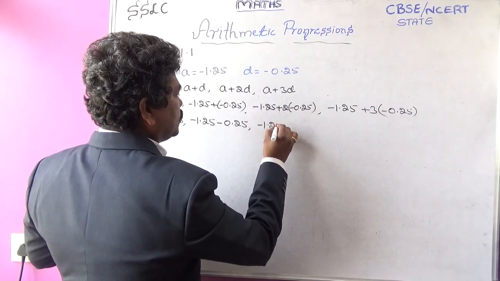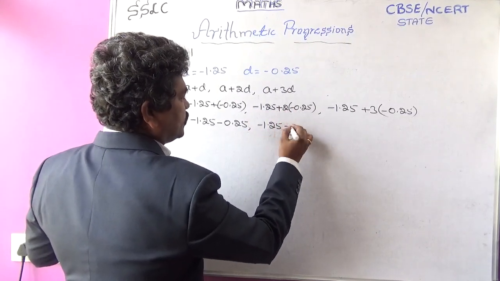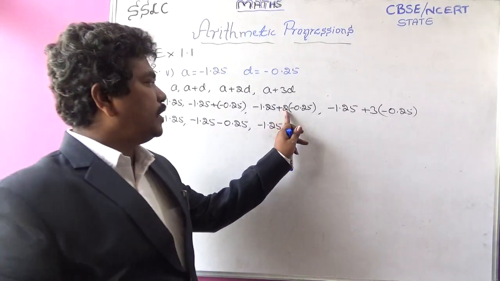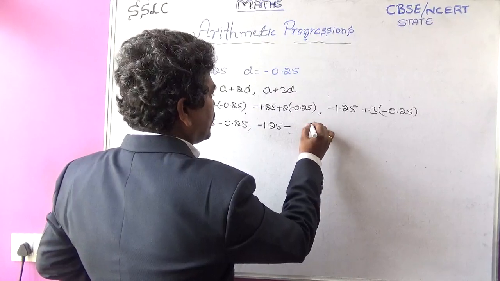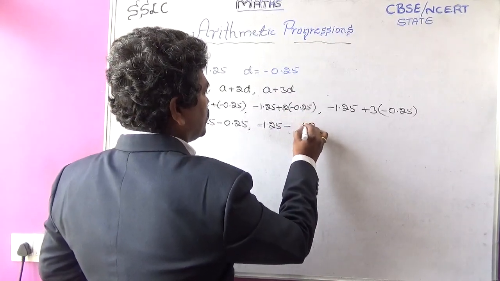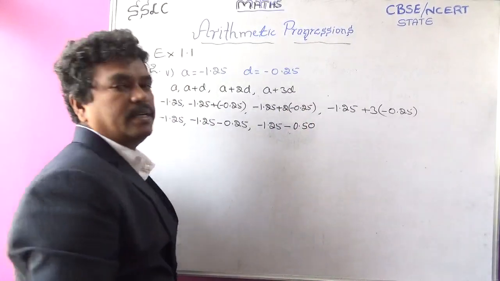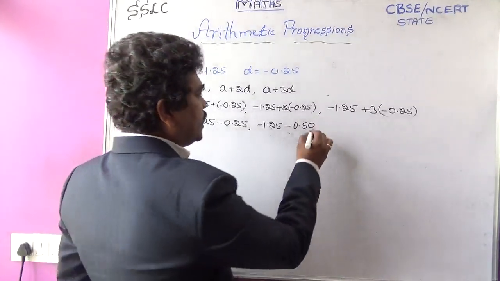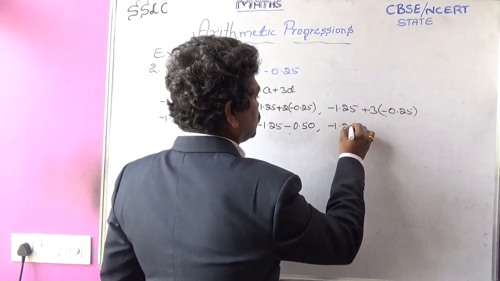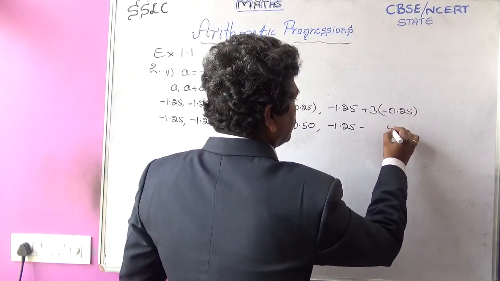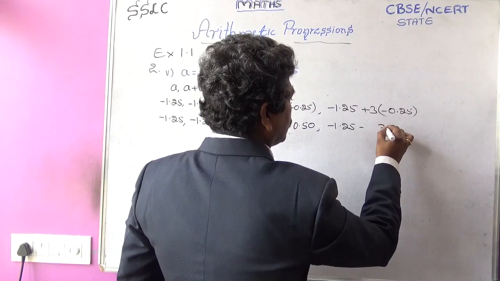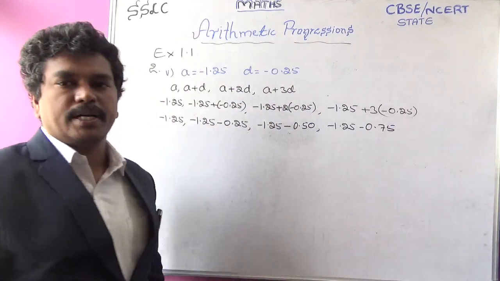Minus 1.25, plus into minus gives you minus. You have to multiply 2 with 0.25. If you multiply this one, 2 fives are 10, 5, 2 twos are 4 plus 1 is 5, that becomes 0.50. Then I write here minus 1.25, plus into minus, minus. We have to multiply this one. 3 fives are 15, 1, 3 twos are 6 plus 1, 7, 5, that means 0.75.